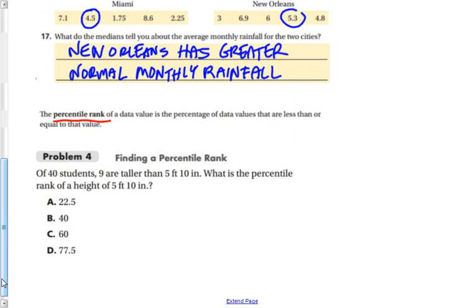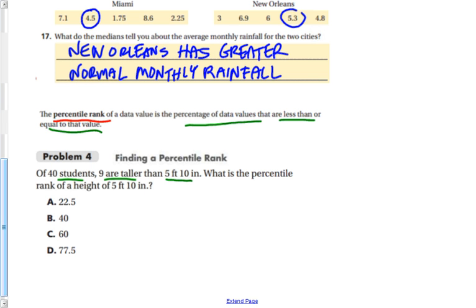Now, to find a percentile, the percentile rank of data is the percentage of data values that are less than or equal to that value. So if you say you're in the 80th percentile of, say, your height, that means that 80% of people are shorter than you, or equal to you. So here it says that of 40 students, 9 are taller than 5'10". What is the percentile height of 5'10"? What we really want to know is what percentage of values are less than or equal to that value.